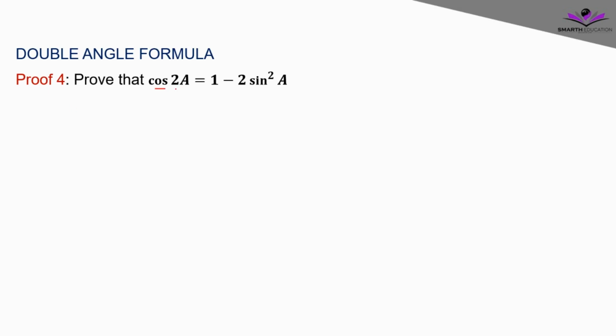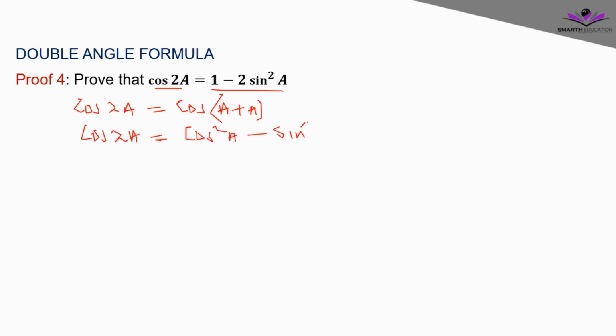We're proving that cos 2a is equal to 1 minus 2 sine squared a. So we say that cos 2a is equal to cos a plus a. And then we just proved that cos 2a is equal to cos squared a minus sine squared a. And then we agree that cos squared a is 1 minus sine squared a.